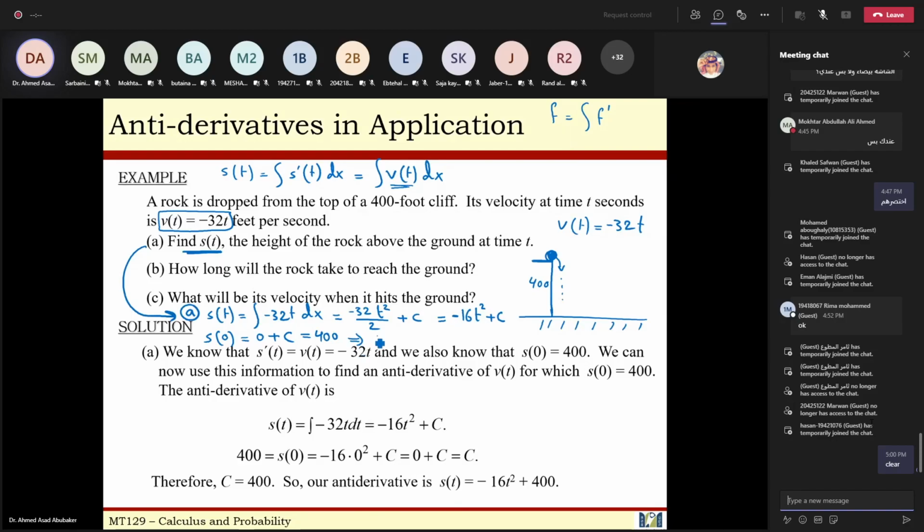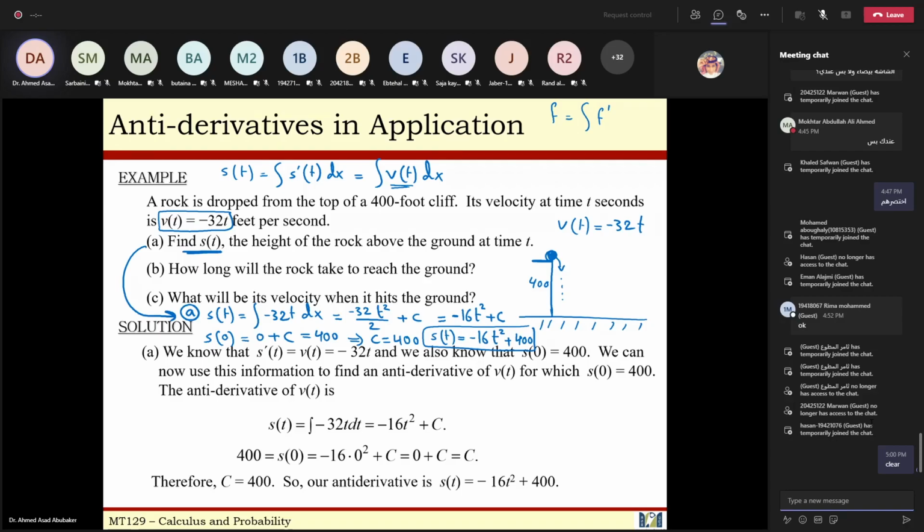So c equals 400. So we can conclude that s of t equals minus 16t squared plus 400. Okay, this is s of t.